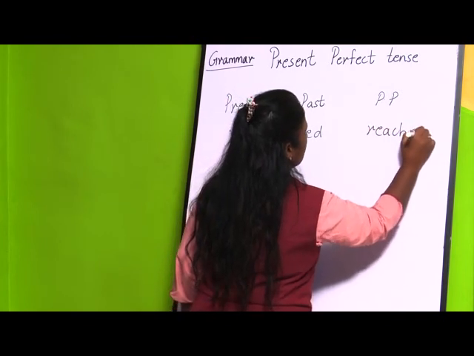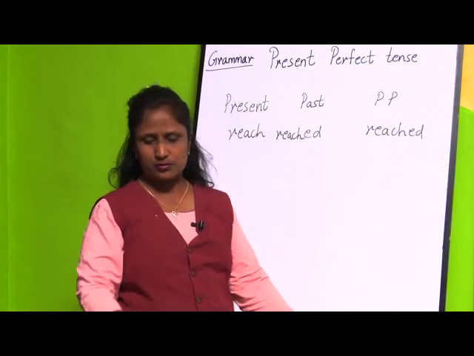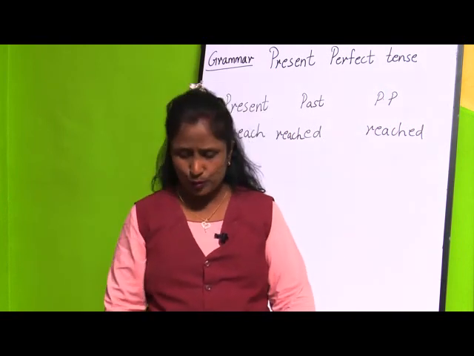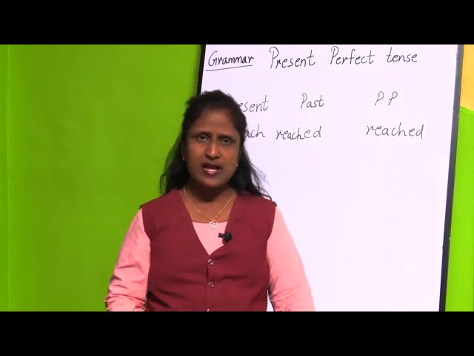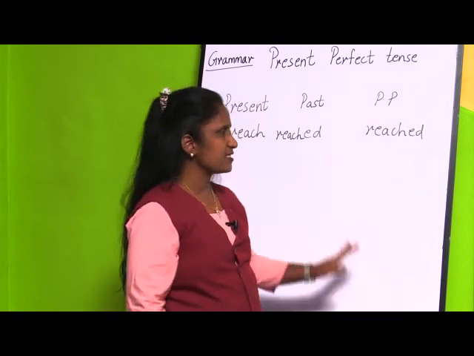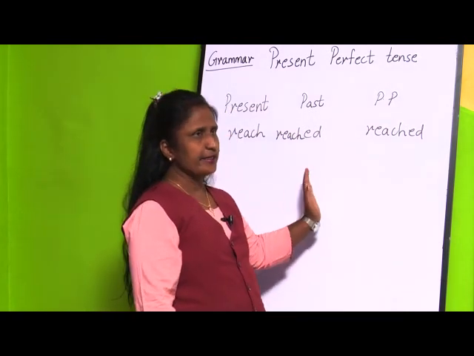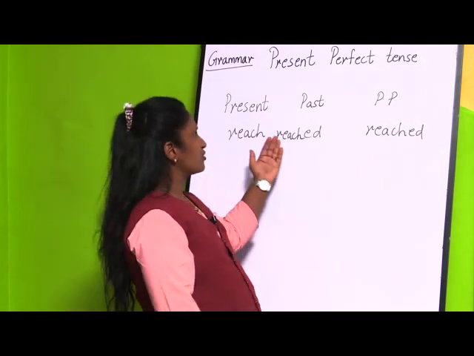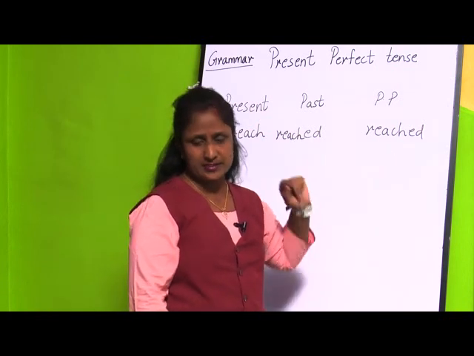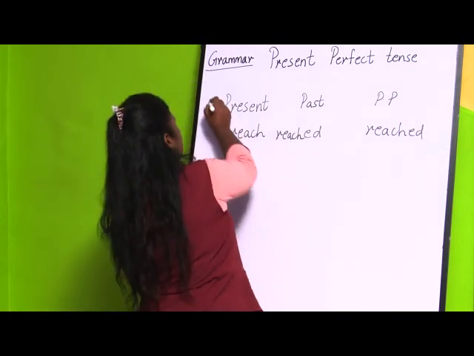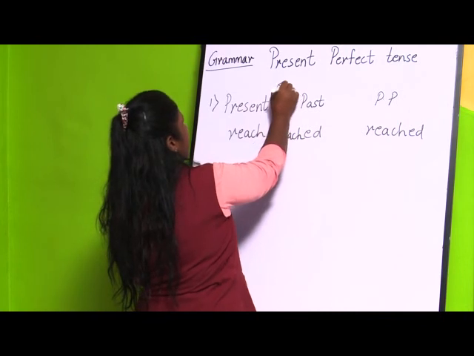Just one minute before I told you we add ed for the past participle. So in this way, this is the first case: we add ed to the verb for the past tense and for the past participle.